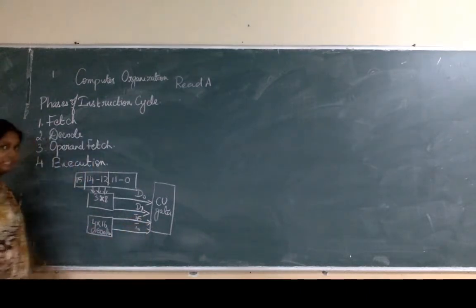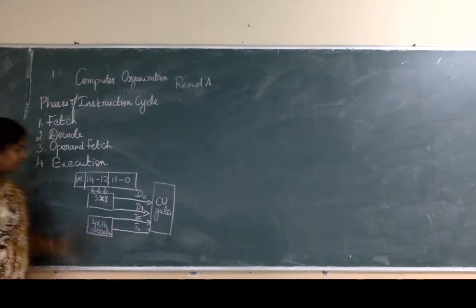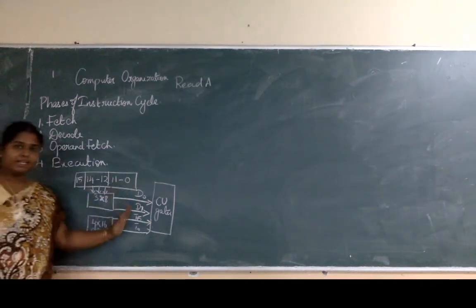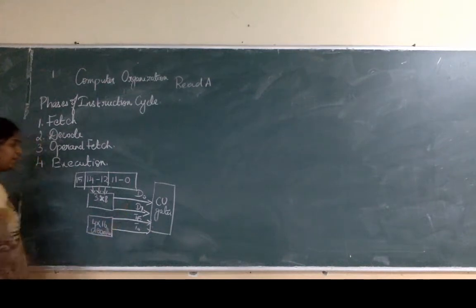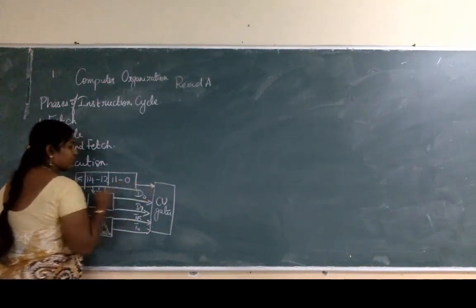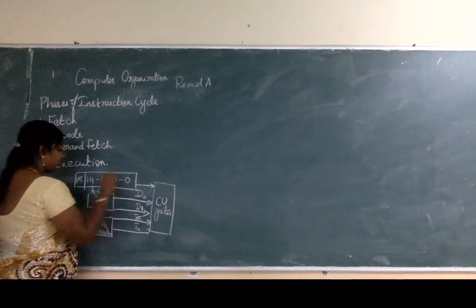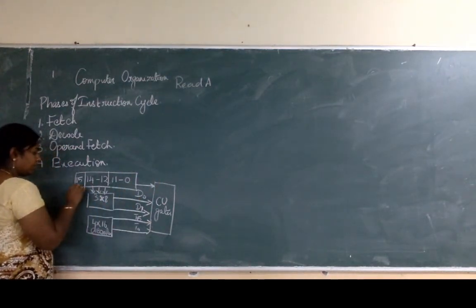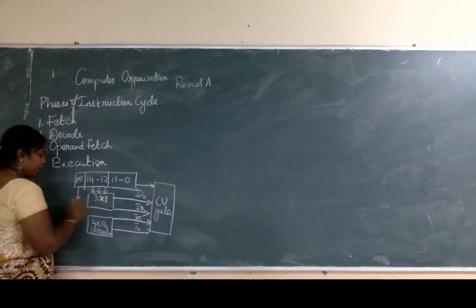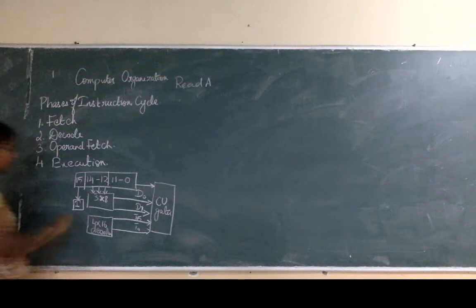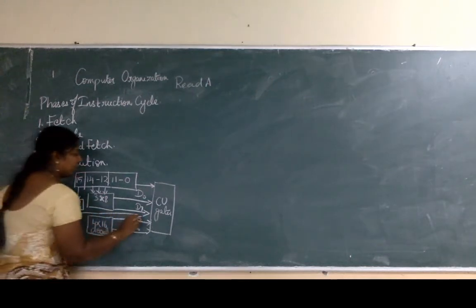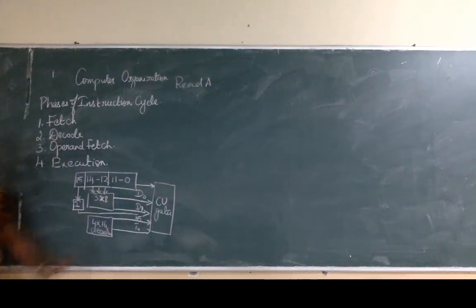So you have 16 timing signals and you have got 8 instruction signals. Apart from this, you also have your 0 to 11 bits, which is from the instruction register. This is fed directly into the address register, and you can also have this fed into the flip-flop I. So all of this form the input to our control system.